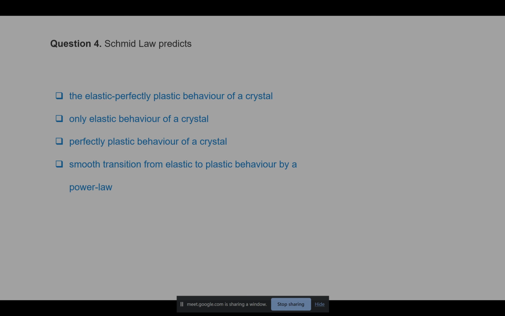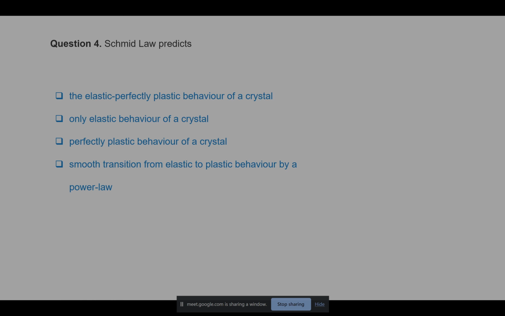Question number 4: Schmid's law predicts. The options are: elastic perfectly plastic behavior of a crystal, only elastic behavior of a crystal, perfectly plastic behavior of a crystal, and smooth transition from elastic to plastic behavior by a power law.